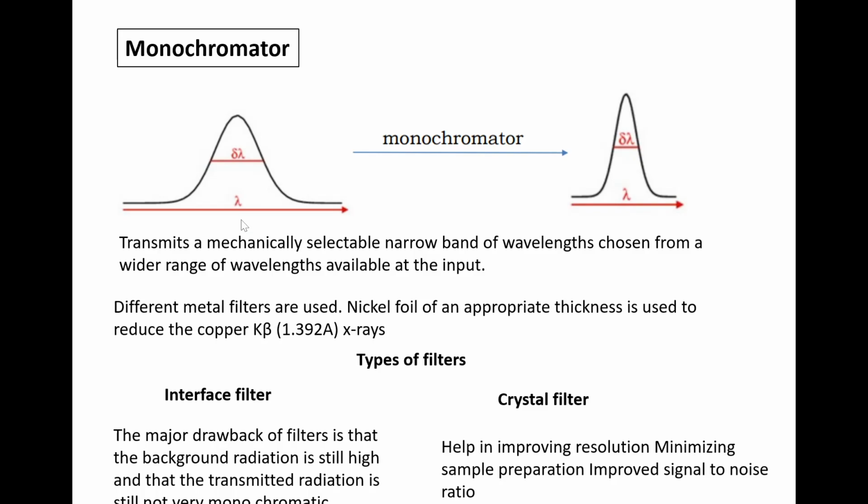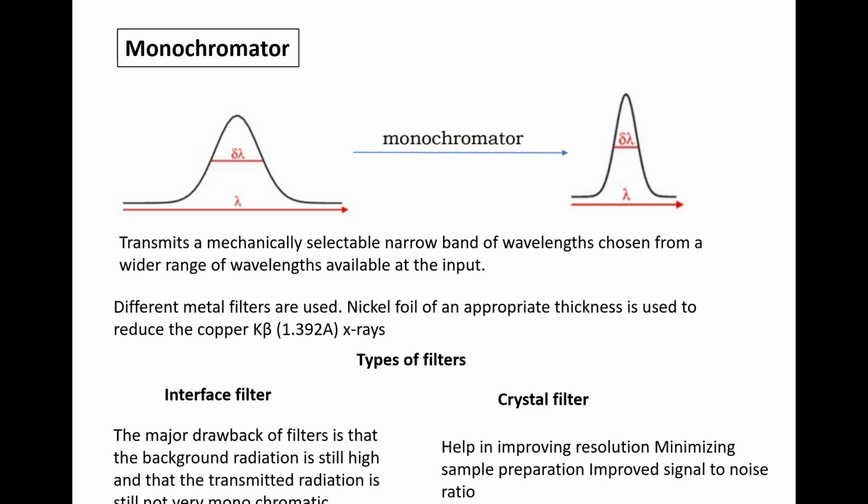So how do we actually get rid of that? For this, people have used a monochromator, where you narrow the wavelength of your source to a particular form, so that there will be a single wavelength. A monochromator emits a wave which has a single wavelength.